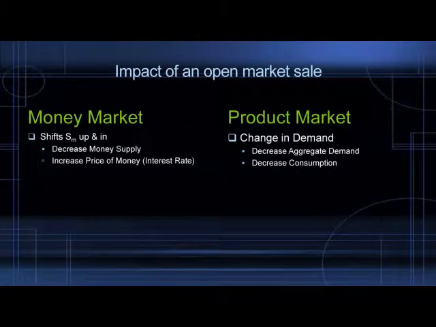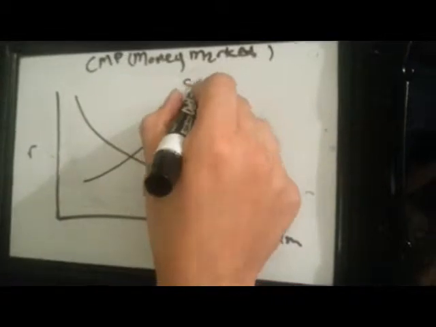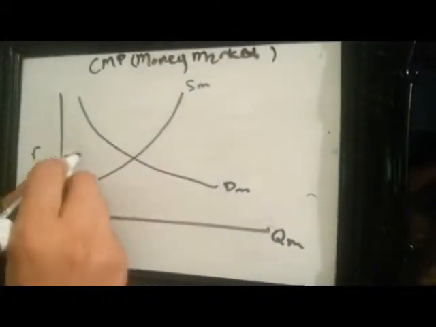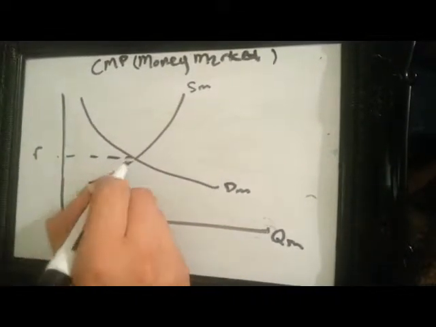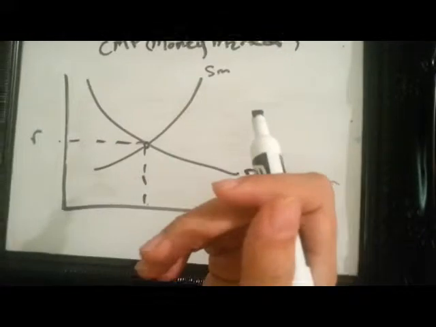And here's an example of an open market sale. The goal of contractionary monetary policy is you want to increase the interest rate. So if we draw our money market, we have our demand for money and our supply of money. Before I get ahead of myself, we have our initial equilibrium before we enact our policy.